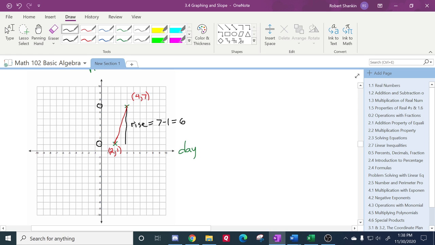Now, this horizontal part is what we call the run. Now, the run went from 2 over to 4 over. So we subtract those 2, and those were the x-coordinates of the points.